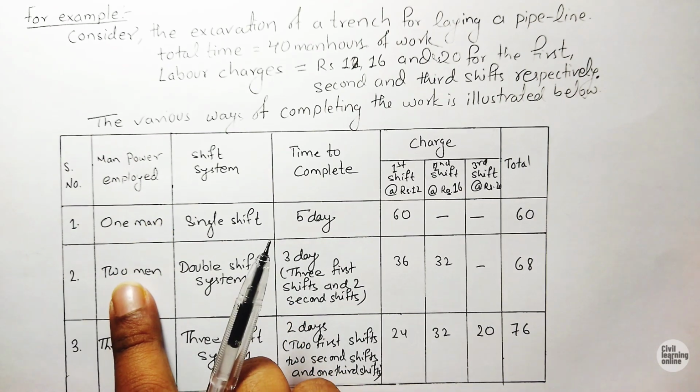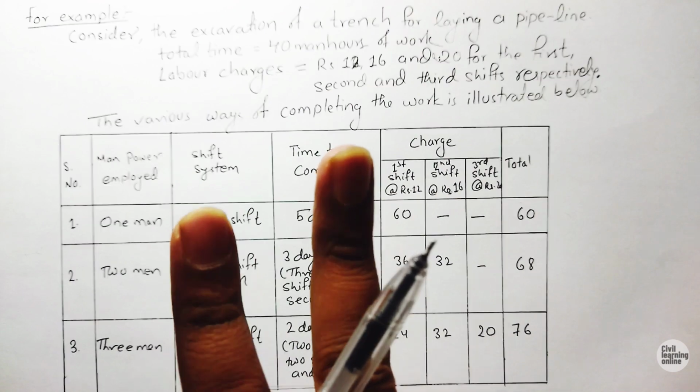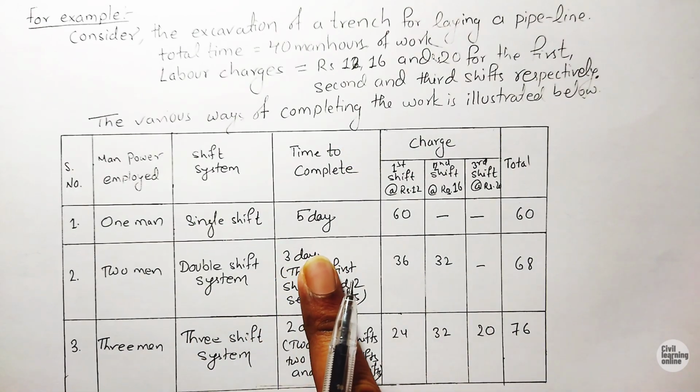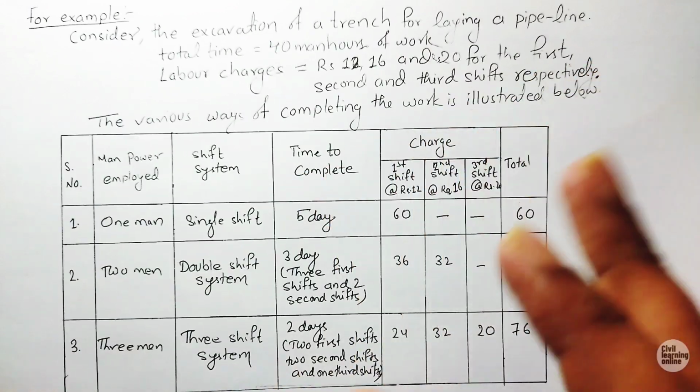Similarly, if we are hiring 2 men and the shift is double shift, meaning they work two times a day, they are able to complete the trench in 3 days.